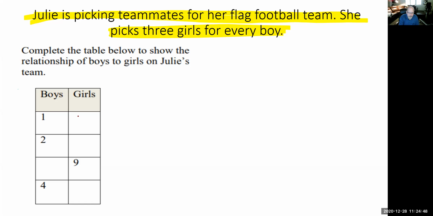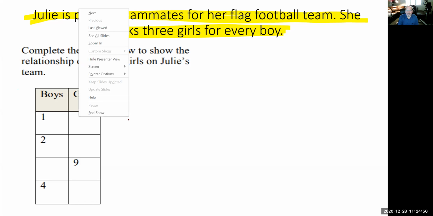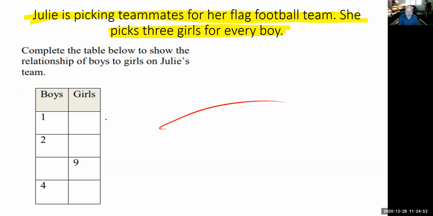We're going to have six. And if there's nine girls, there must have been three boys, and three girls for every boy, right? So one times three, two times three, three times three, and four times three.